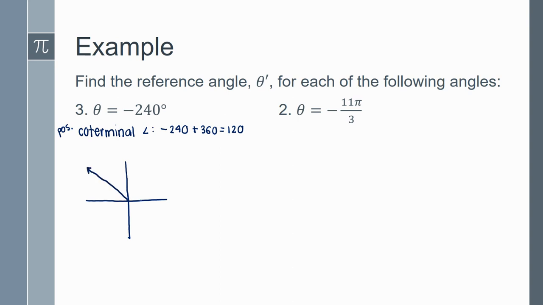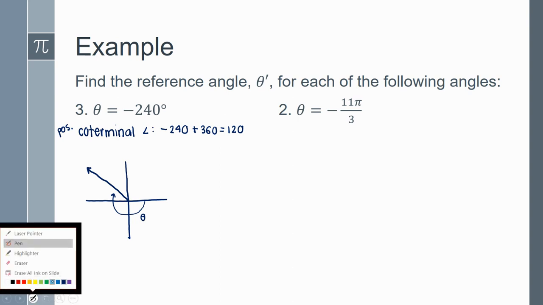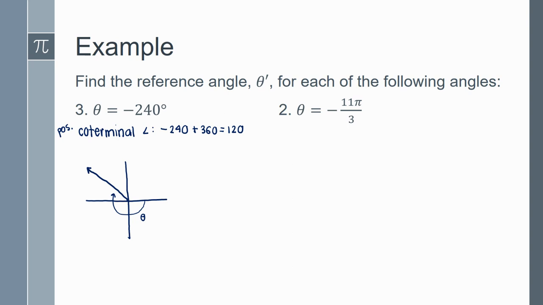Okay, so technically, if I wanted to draw my angle theta correctly, I would move in a clockwise position. So there is my negative 240 degree angle. But then remember, I always want my reference angle to be formed with the x-axis. So my reference angle is right here. This is what I want to find, and it needs to be a positive.